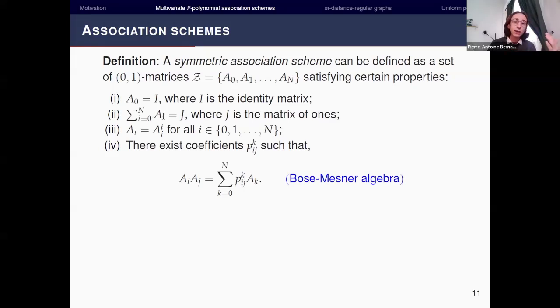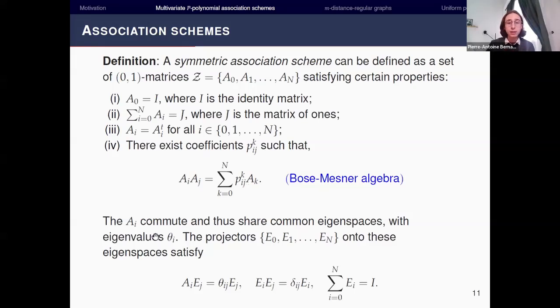If you sum over all the Ai, you get the matrix of ones. We consider symmetric association schemes, so these matrices are symmetric, and the vector space they span is closed under the matrix product. So if I take Ai times Aj, I get a linear combination of the matrices. These are the Bose-Mesner relations, and you have some intersection numbers p_ij^k that arise in the equation and characterize the algebra.